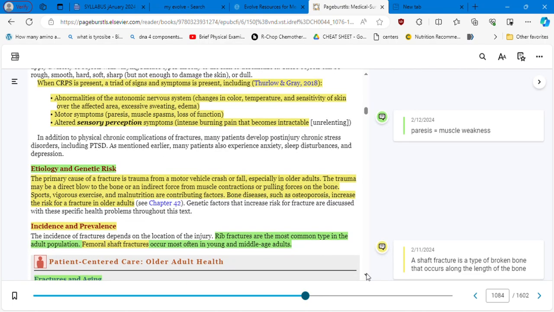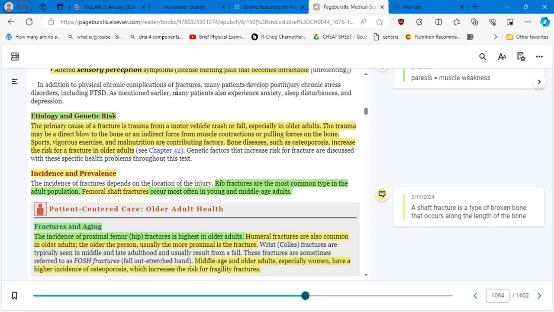So now we are going to analyze the etiology and genetic risk. The primary cause of a fracture is trauma. That's the most common, right? From a motor vehicle crash or fall, especially in older adults. The trauma may be a direct blow to the bone or an indirect force from muscle contraction or pulling forces on the bone.